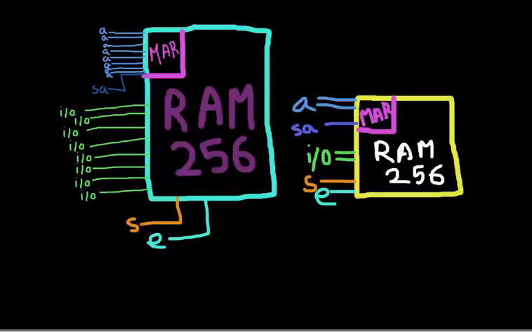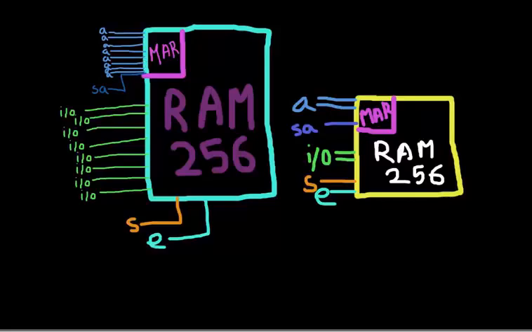We have just seen a bus, and as we know, the bus is 8 wires, so there are also 8 inputs here, and these are the setter and enabler we have seen back then. You can see that this is RAM 256, which means that we can select one of the 256 bytes at any single time to retrieve what the byte is at the current state.